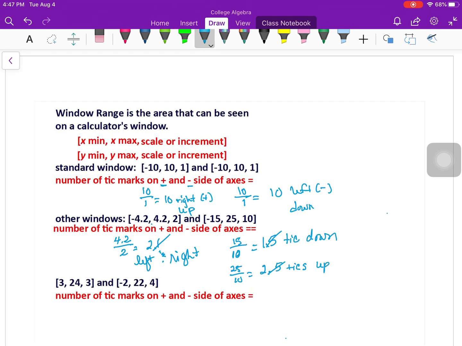Well, I truncate that, no decimal part, so I would have 2 tick marks up. In other words, my scale is going to look like this: 2 to the right, 2 to the left, 1 down, and 2 up. And that's what my graph will look like.